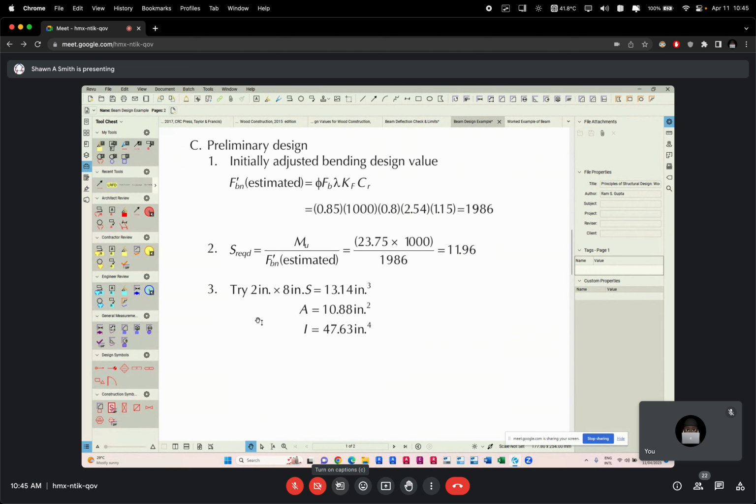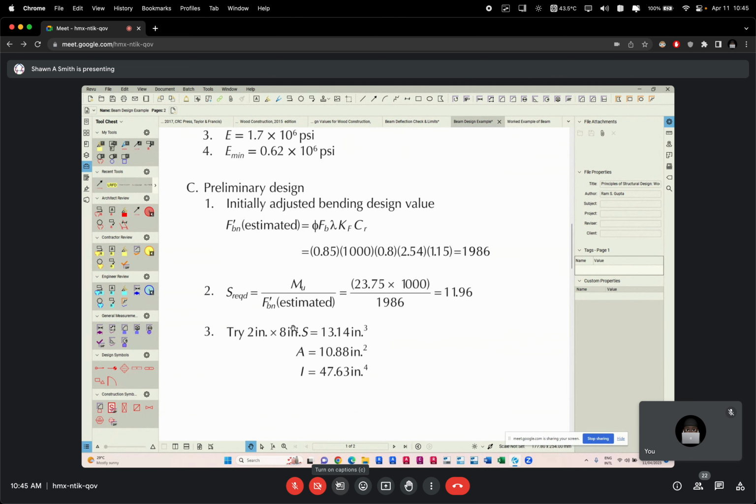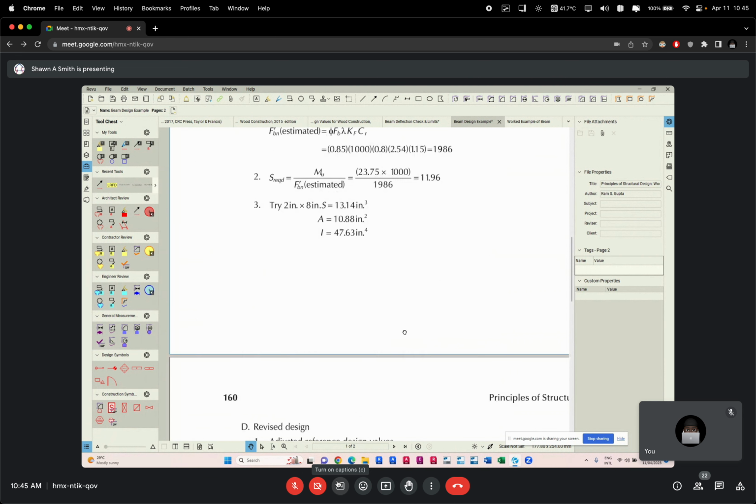All that happened is that you will now use this with everything else you know to come up with a depth. Right? So they are saying try a 2x8 inch Douglas fir number 1 large. That will give me a section modulus of this, which is greater than this. So I can now go back and confirm my design. That's what they did actually.